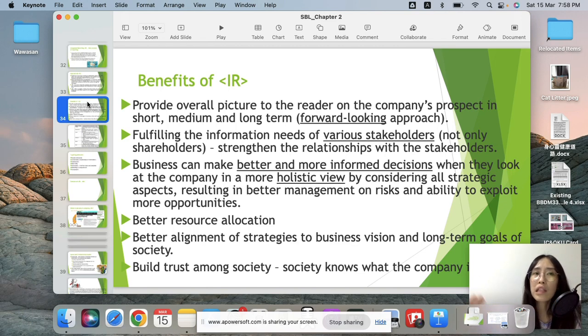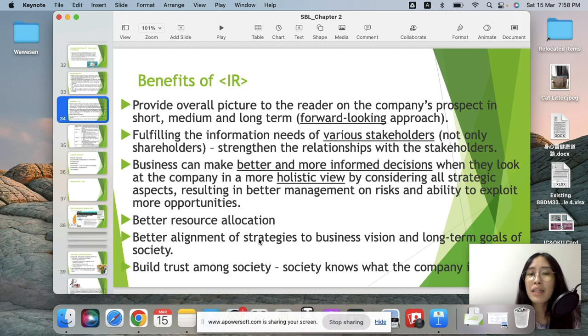And business looking at the entire company in a more holistic view can make a better decision in terms of resources allocation and also strategy formation, because strategy formation is no longer at isolation, it is now in an overall picture. So the resource allocation will be more precise, more efficient, and wastage can be reduced.